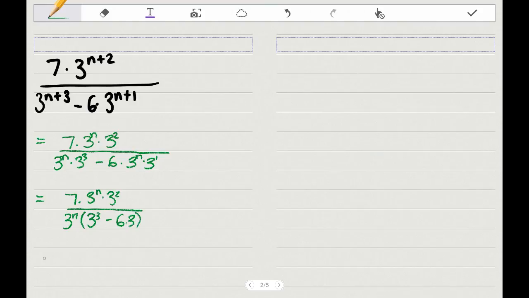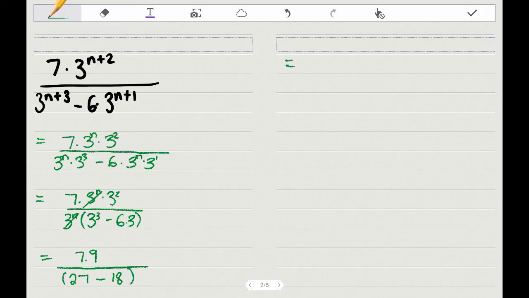There's no problem with that. So once again, this is multiplication now, so that cancels with that, and we have 7 times 9 all over, and this here is 27 minus 6 times 3, which is 18.